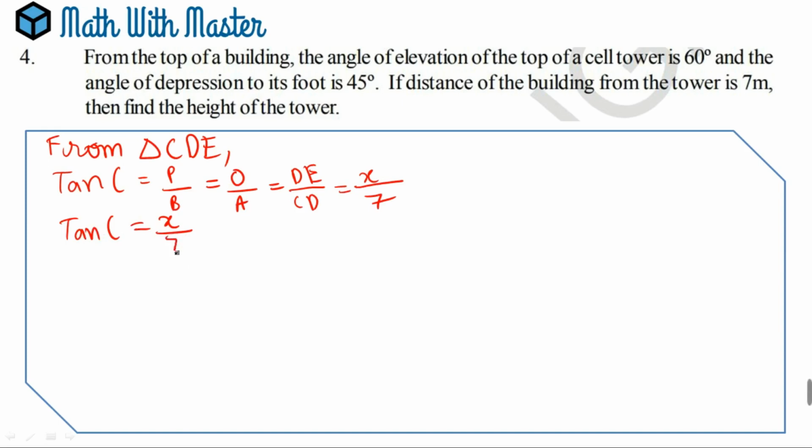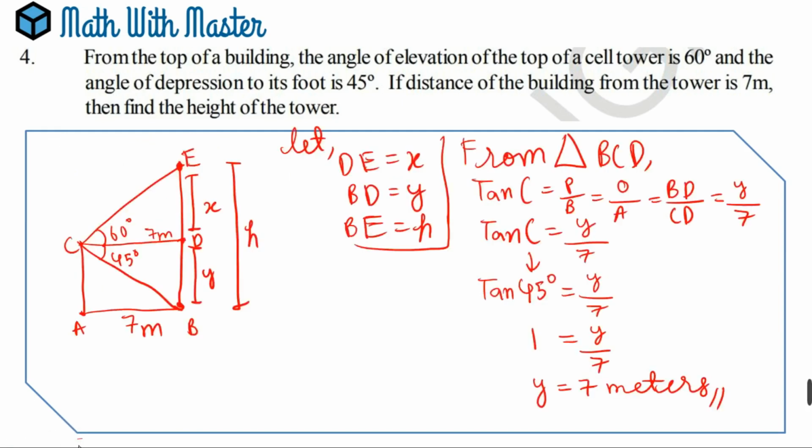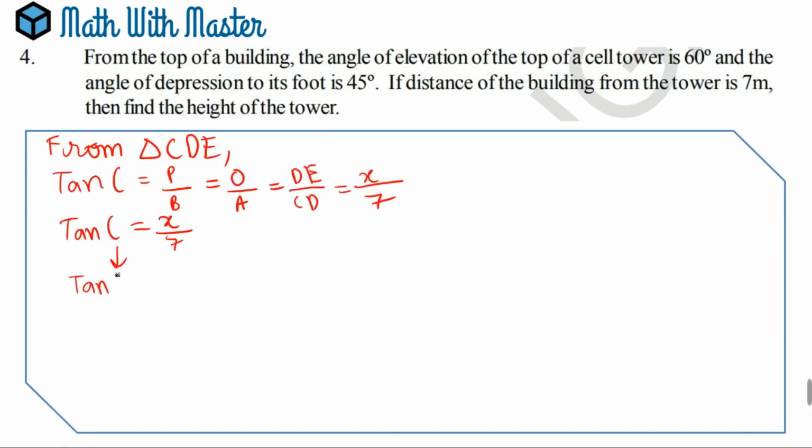So instead of angle C, I can put the real value of C in triangle CDE, which is 60 degrees. So tan 60 degrees is equal to X upon 7. If tan C is equal to tan 60 degrees, then C must be equal to 60 degrees.